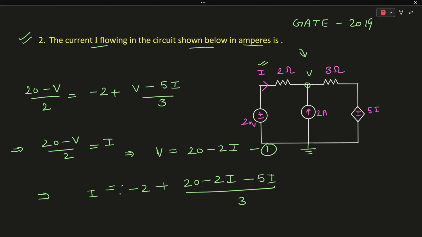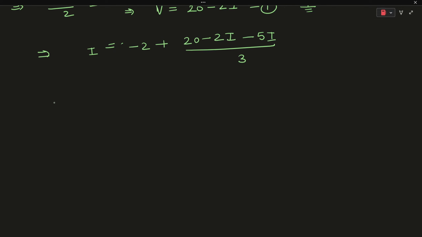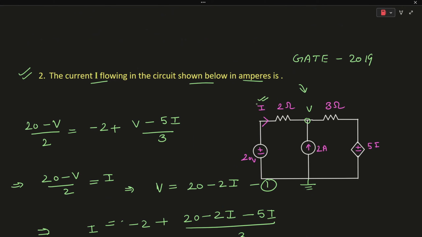On further solving it, we are getting 3I is equal to minus 6 plus 20 minus 7I, and 10I is equal to 14. So I will be equal to 1.4 amperes. So the current flowing from this branch is I is equal to 1.4 amperes.